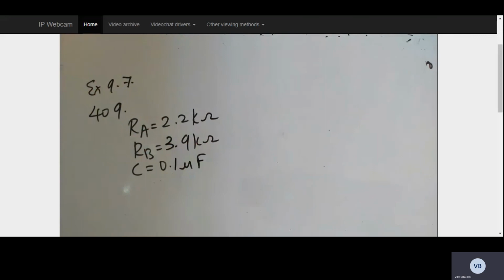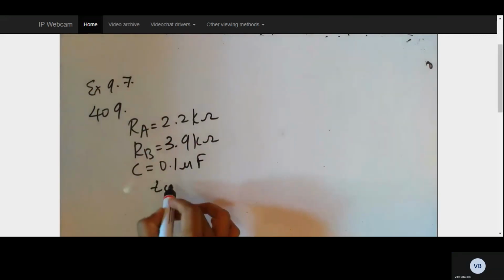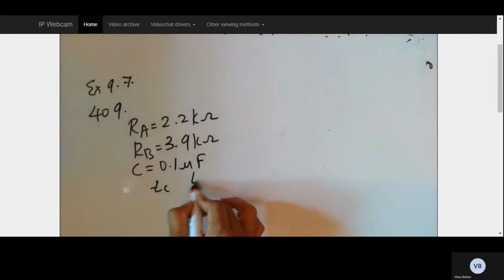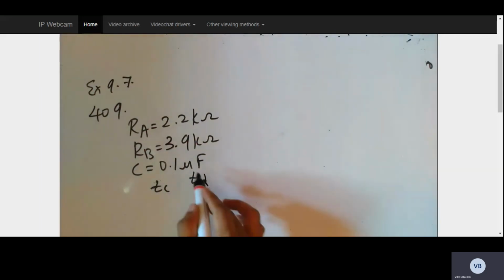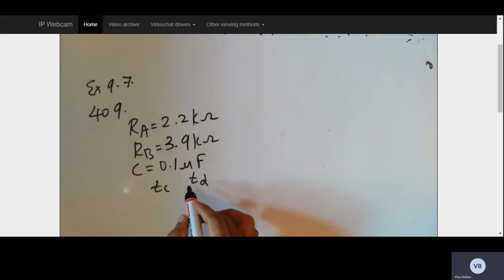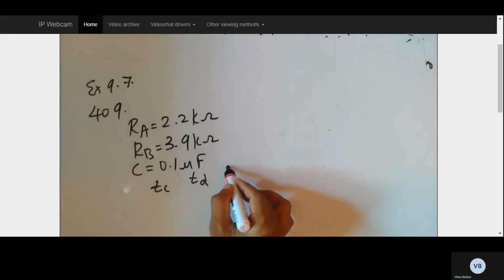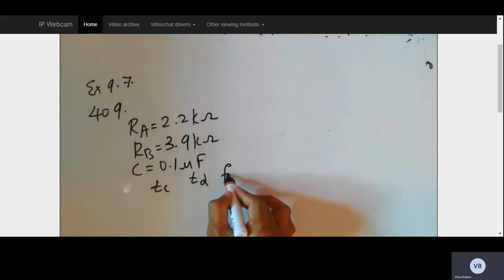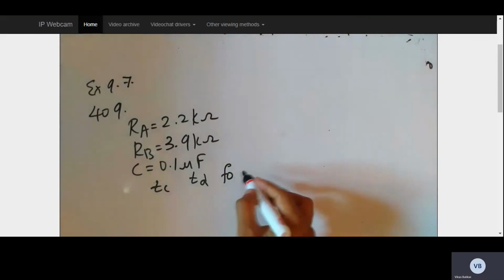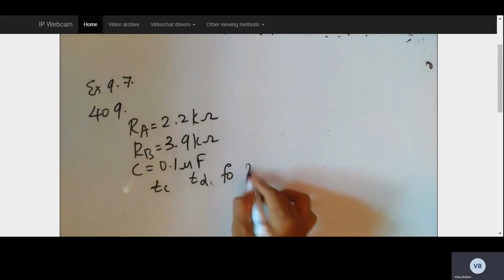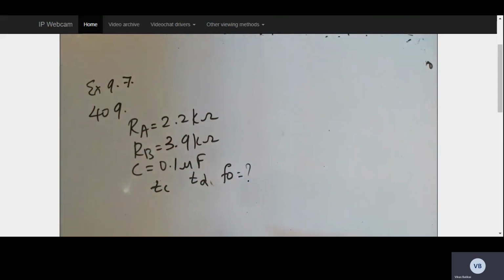Determine the positive pulse width TC, negative pulse width TD. Just remember, the positive pulse width is called the charging time, and the negative pulse width is called the discharging time, and the free running frequency, that is my f naught. What is the frequency of this entire astable multivibrator? All these things I need to find out. So let's get into the solution of this.